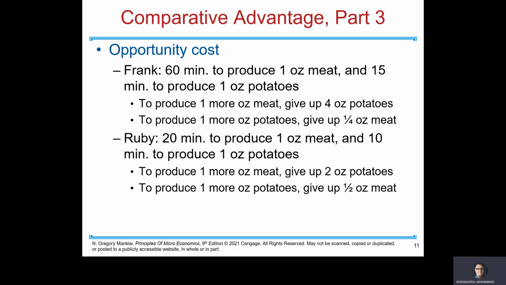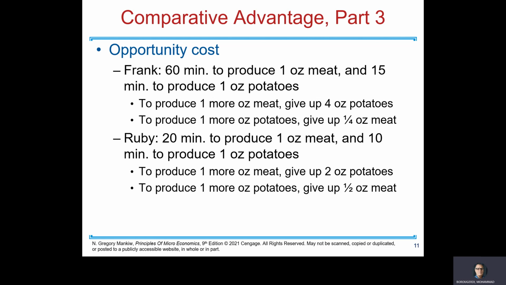It took him 60 minutes to do 1 ounce of meat and 15 minutes to do 1 ounce of potato. Now, to produce 1 ounce of meat, Frank has to give up 4 ounces of potato. Okay, that's the opportunity cost.